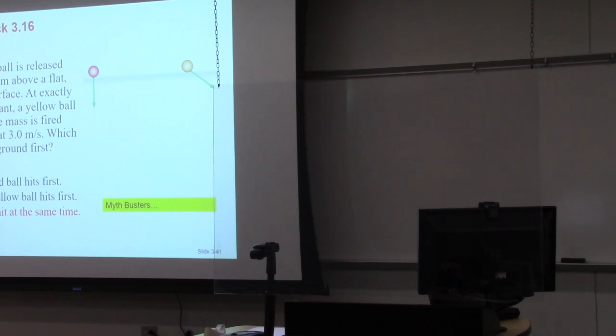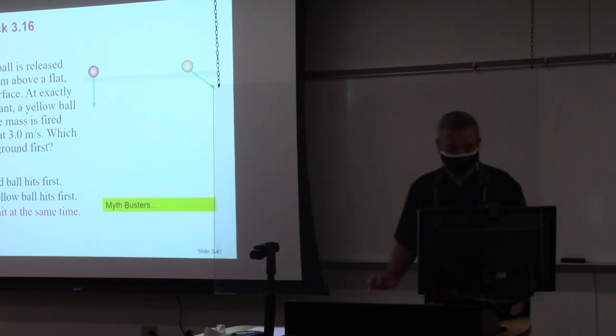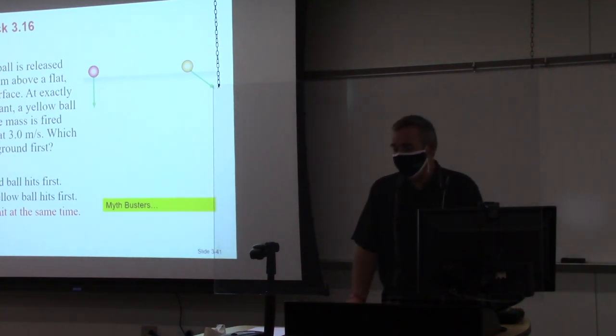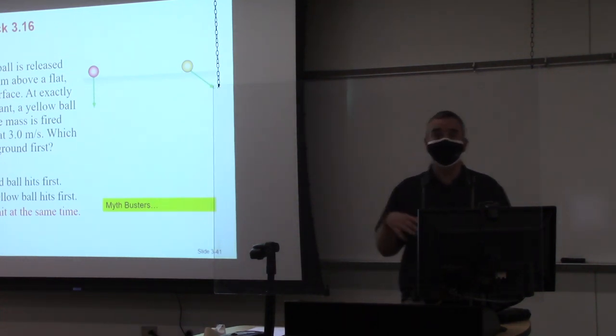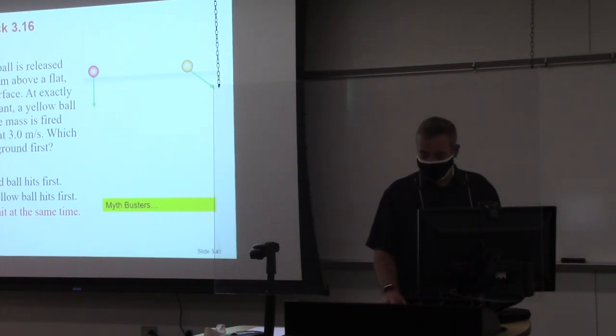If you drop one or one goes off at some different angle, as long as the initial velocity is horizontal, they will hit the ground at the same time, just from what you saw before. The mass doesn't matter. I think you saw me drop maybe a quarter versus a dollar, different masses, so the mass doesn't come into play.